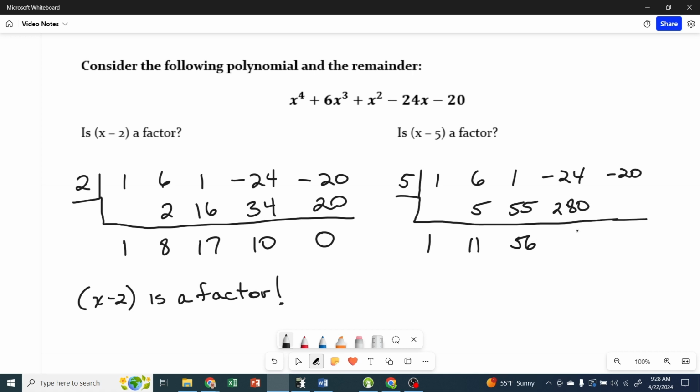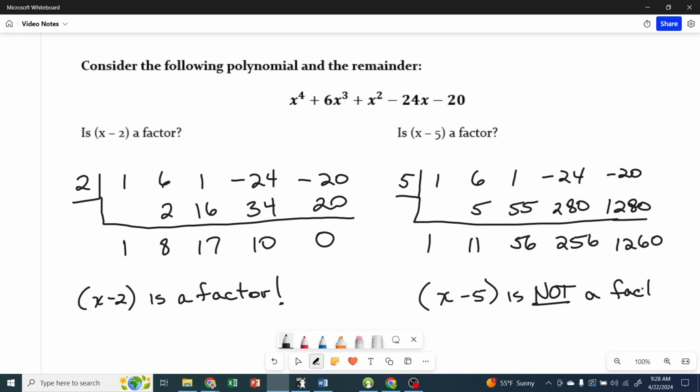So 280 and negative 24. And I'm a little slow in the head this morning, so I'm going to do a little math. So it's 256. And 5 times 256 is 1280 minus 20, and that is 1260. So x minus 5 is not a factor.